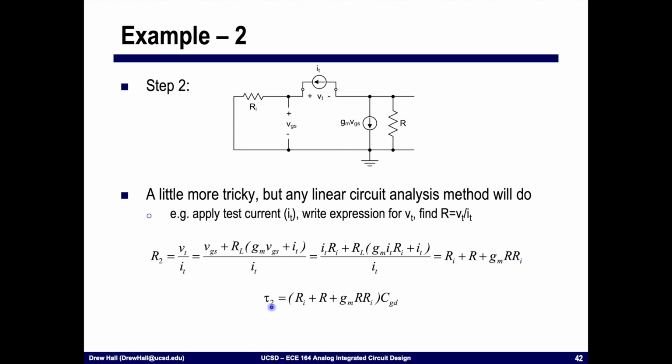Putting this together into the time constant, it's this impedance that we just found times CGD. Now, it turns out that we're going to see this enough times that it's probably worth remembering this little shortcut.